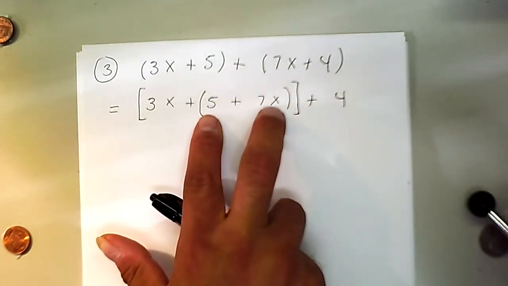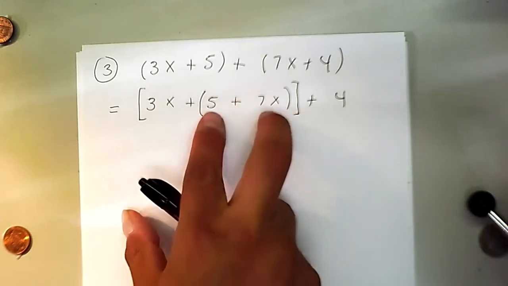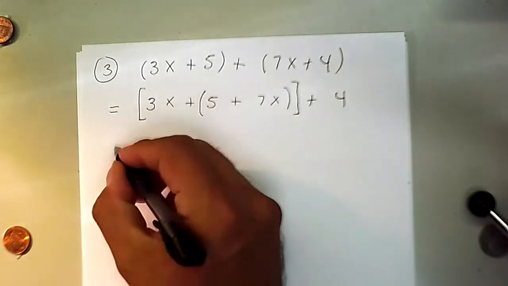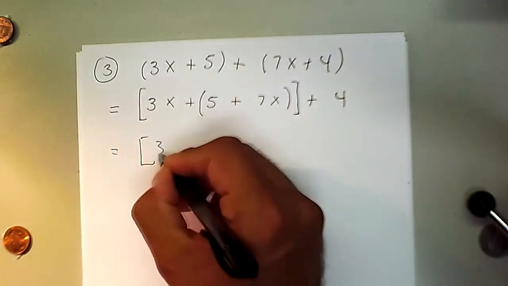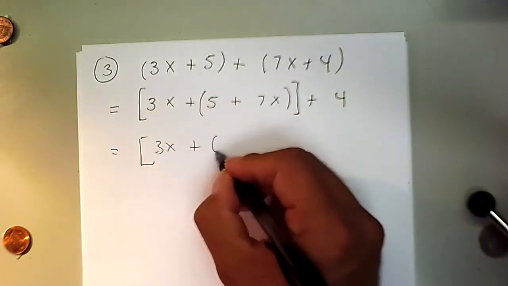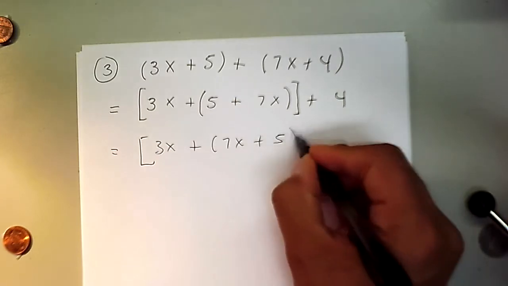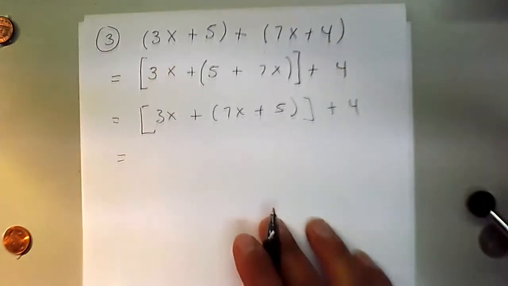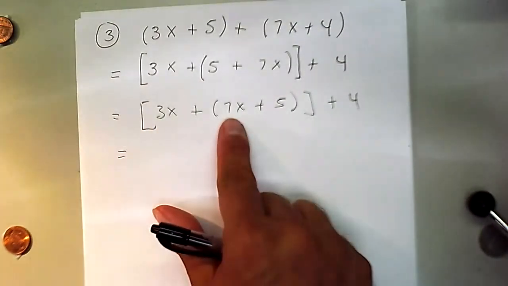Then we use the commutative property of addition to flip those two around. So this is 3x plus 7x plus 5. Keep the 4. The 4 is waiting while we continue with this. Then reassociate this.